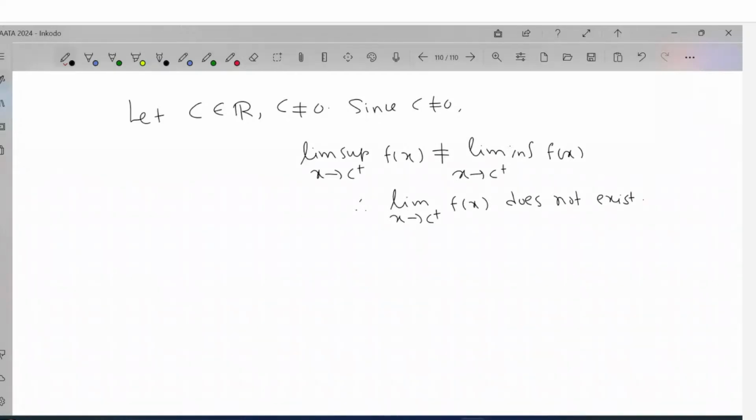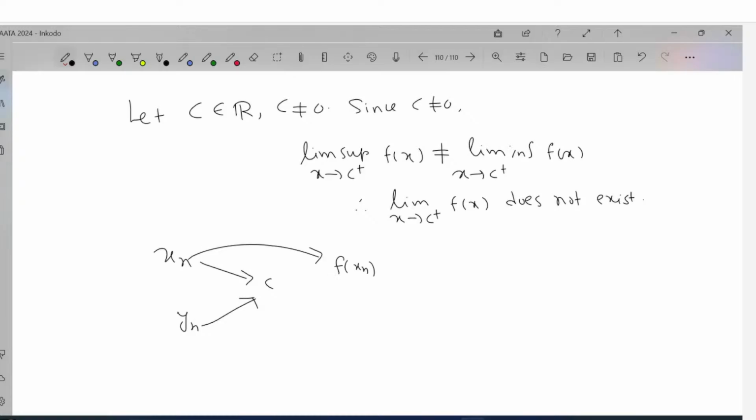Similarly, you can prove the other part; we don't need to prove that. Is it clear why it is so? Because if you consider a sequence of rationals, it will converge to the point c only. And if you consider a sequence of irrationals converging to the point c, we have two possibilities. One is a sequence of rationals, and another is a sequence of irrationals. Corresponding to this, you have f of x_n.